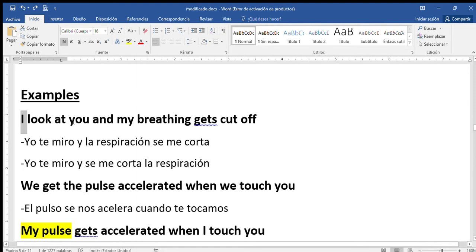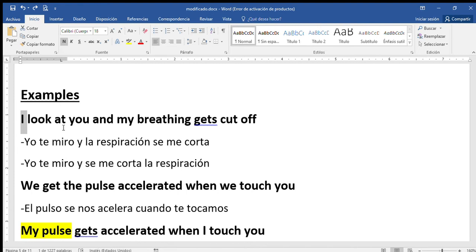So what did we say? We said that we have to put the name of who or what we are talking about, and then put the corresponding pronoun for that person, and then we have to see if that person or that thing is doing an action for somebody.